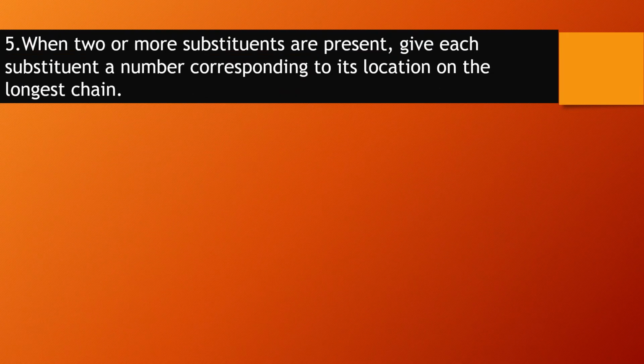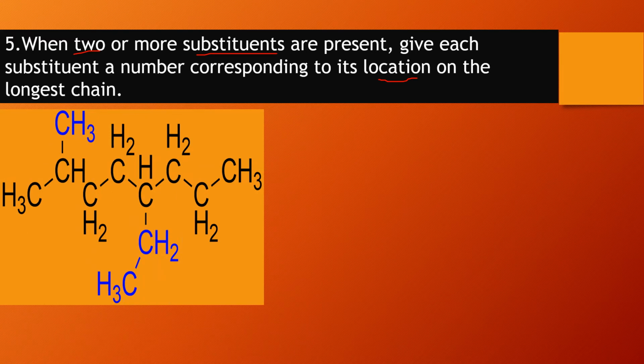So now we have discussed 4 points. What is the 5th point? When 2 or more substituents are present, give each substituent a number corresponding to its location on the longest chain. So you can see here, what is the first step? We have to select the longest continuous chain.